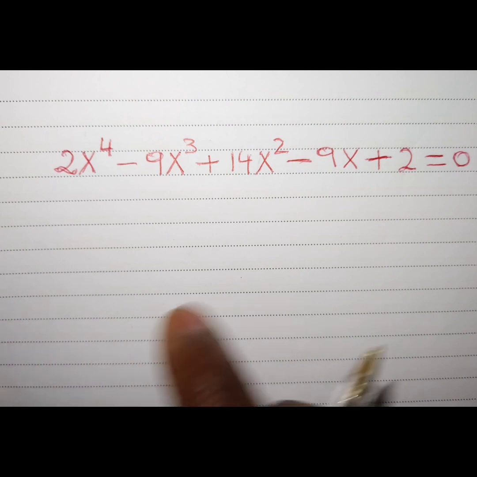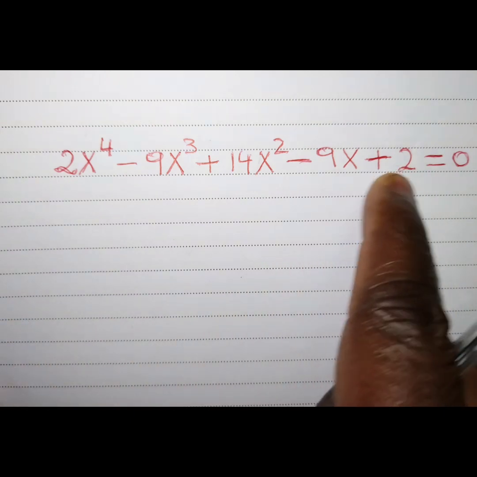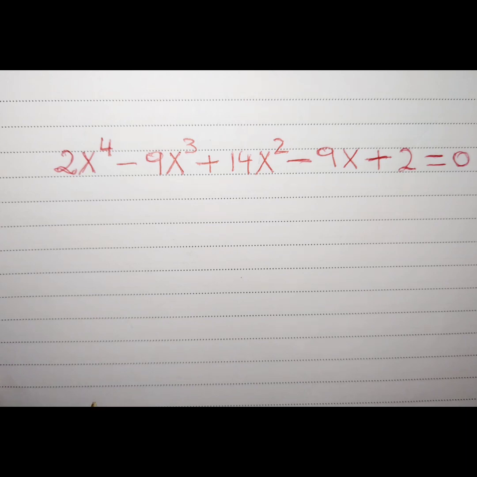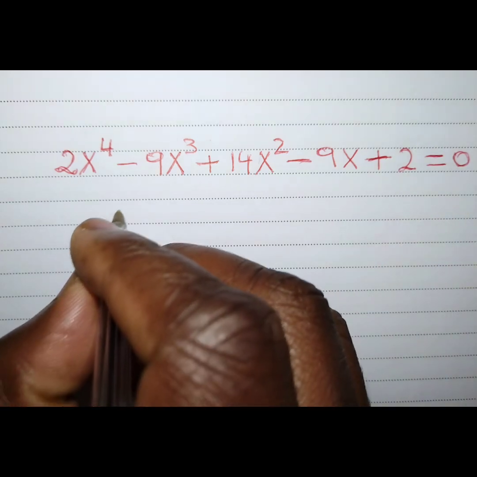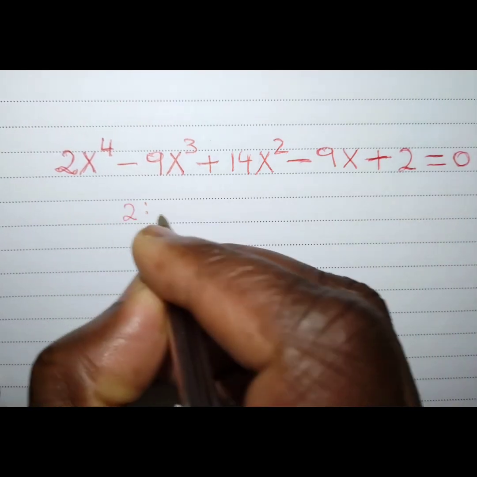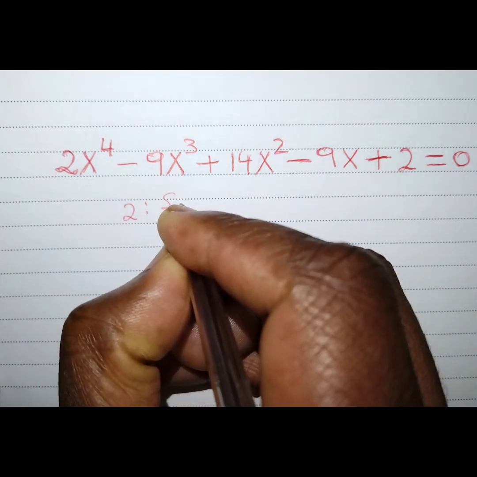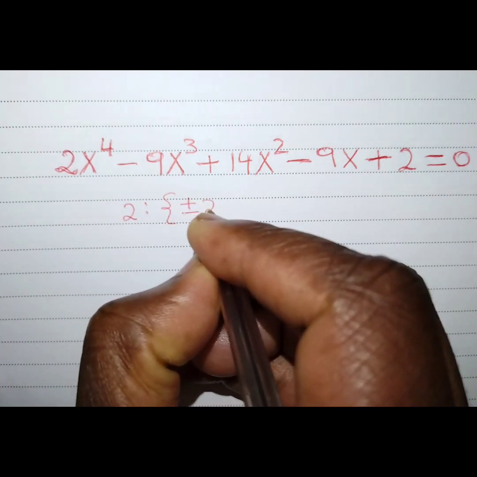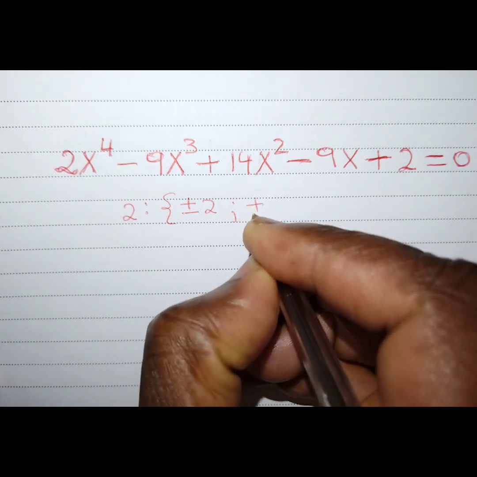It's easy. I'm going to start by taking the independent term, positive 2. Positive 2 can be divided by positive 2, minus 2, positive 1 and minus 1.